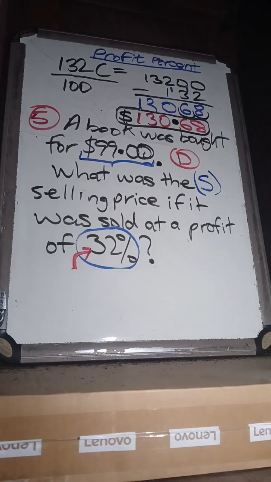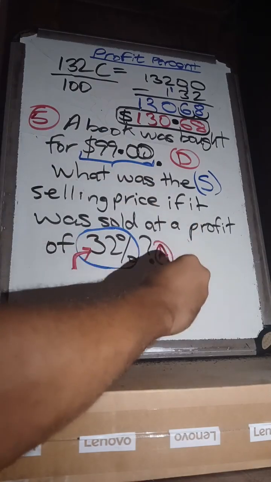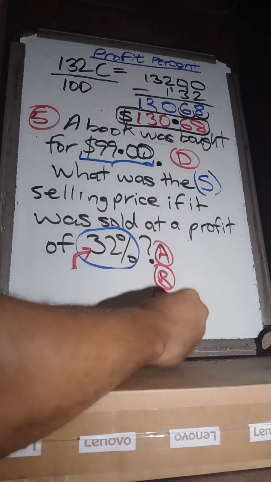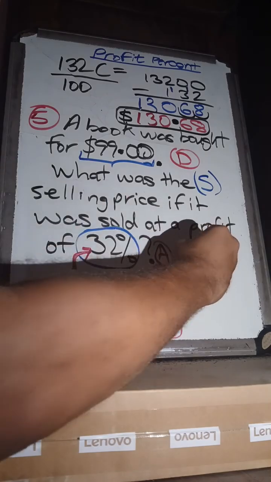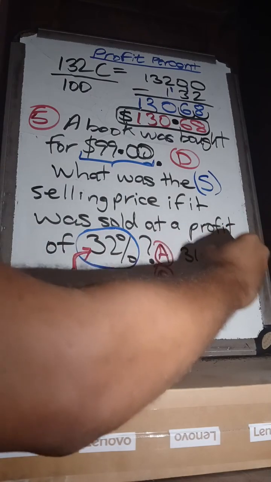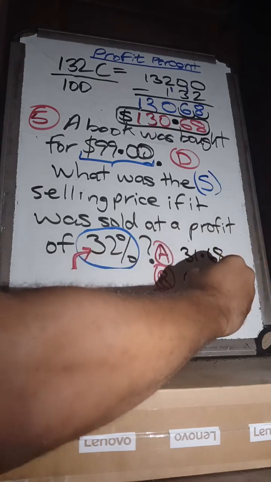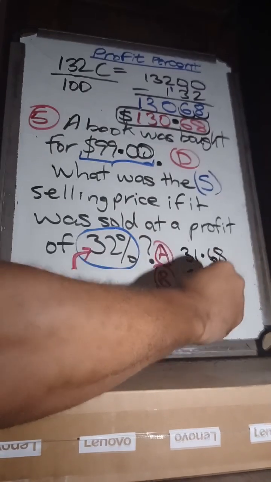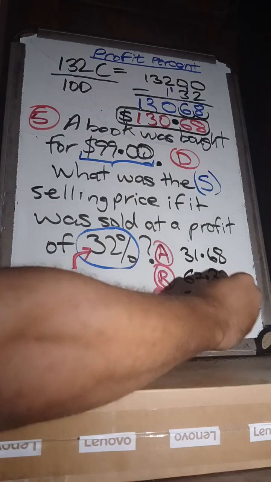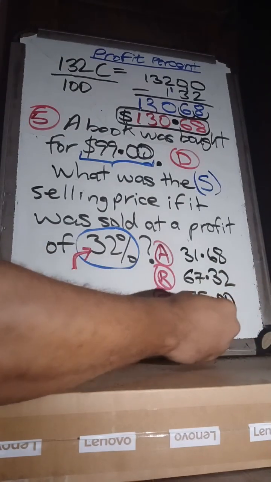You had A, B, C, and D. Alright, we have 31.68, 67.32, 75, and then 130.